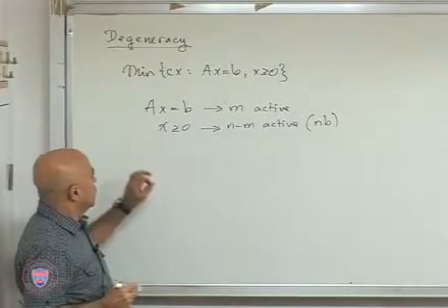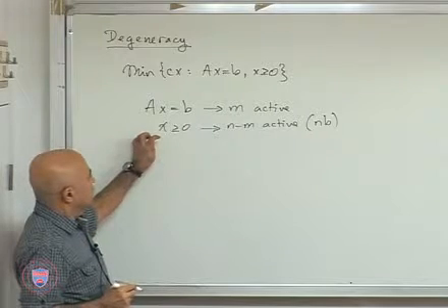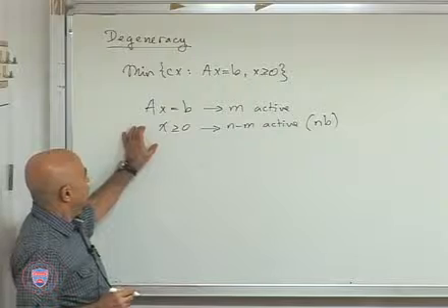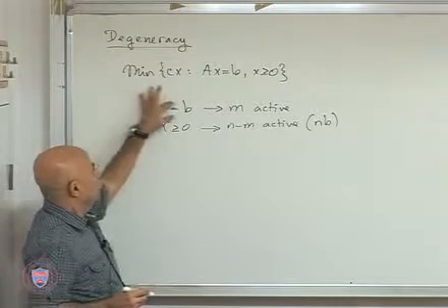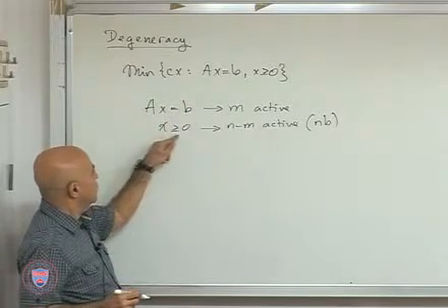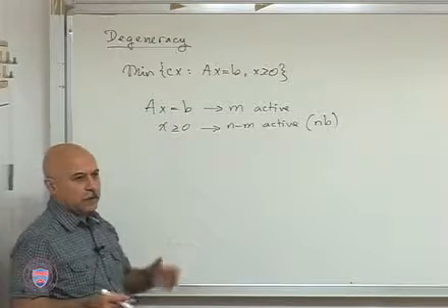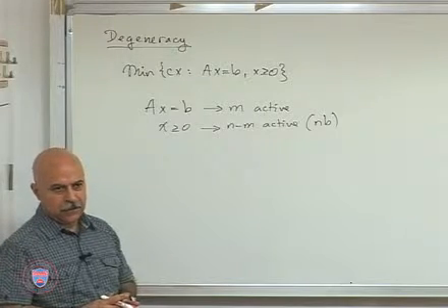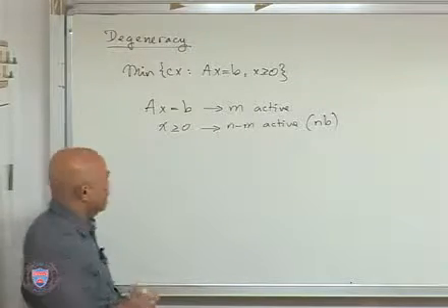Okay? And in case of degeneracy, you include certainly all of the Ax equals b constraints, but the non-negativity part gives you more than n minus m non-basic variables or equalities.